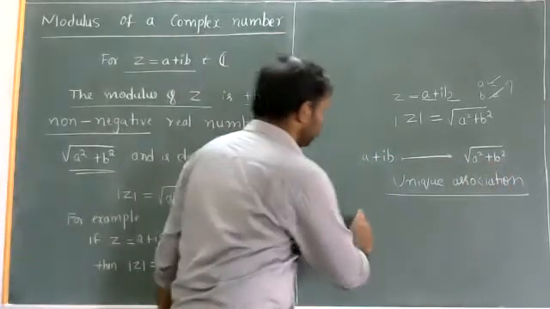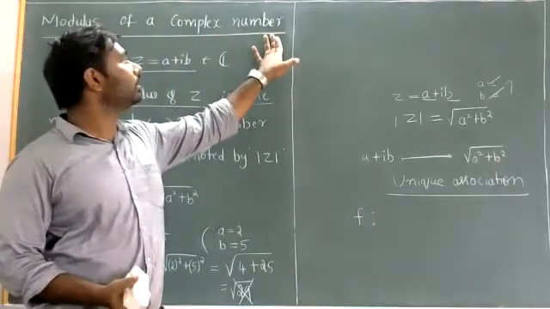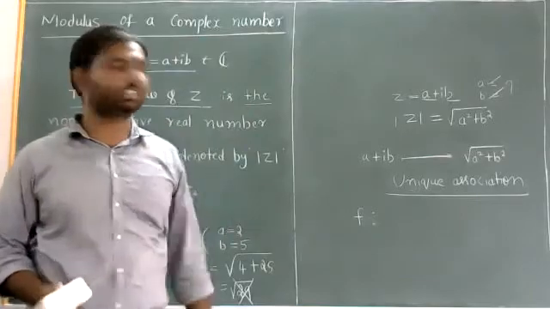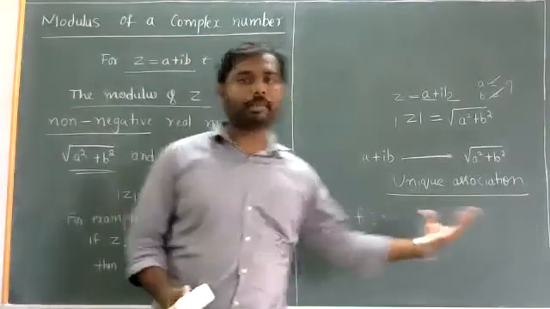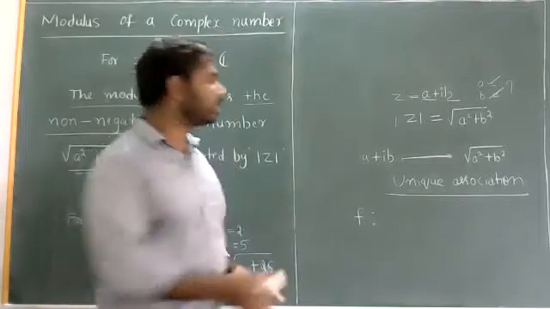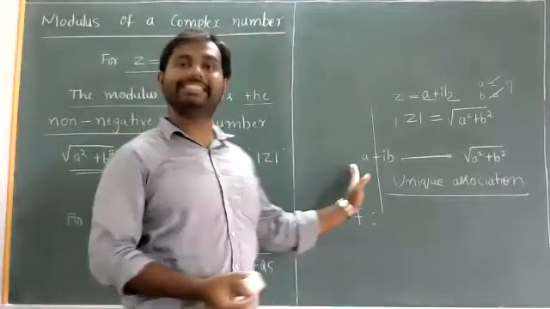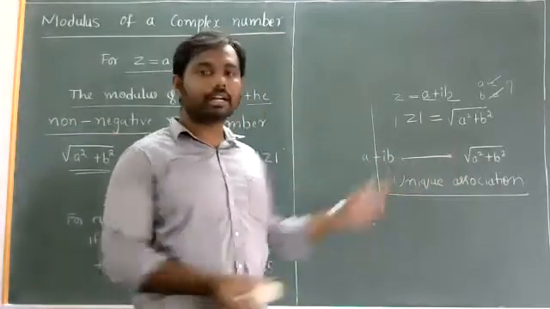Now we recognize that modulus of a complex number is a function. And what is the domain and codomain? Because you know that for a function, domain and codomain are mandatory. So what is the domain? The numbers which we start with. Those are complex numbers.